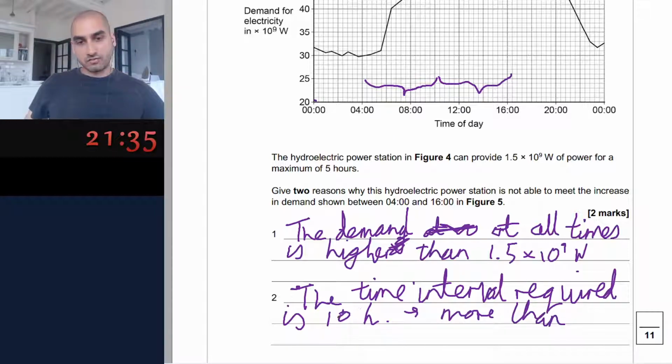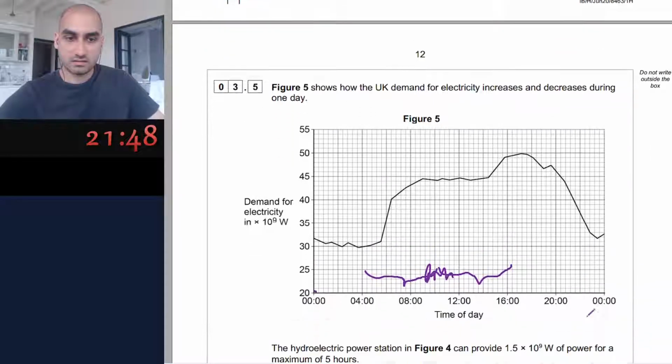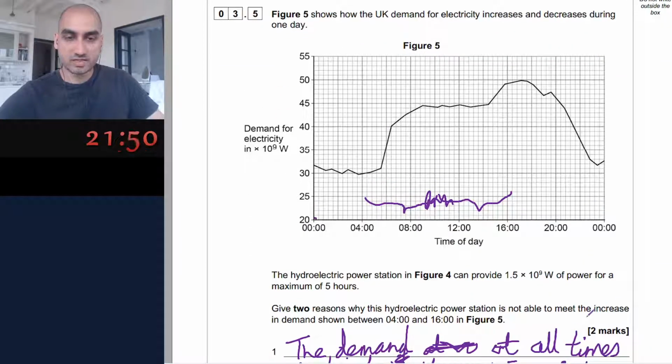No, 12. This is wrong. More than 5. This is a weird question. 1.5. Is it? It would have made more sense if it was 15. I don't know.